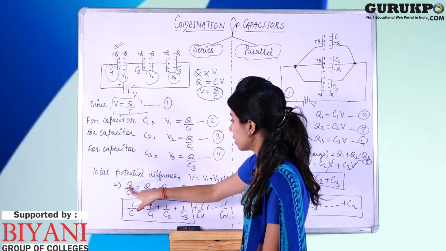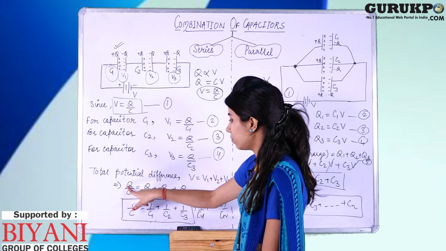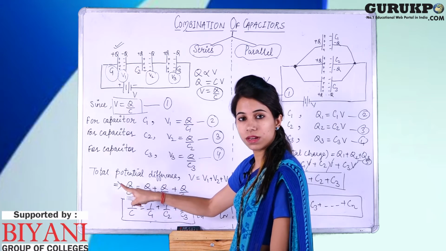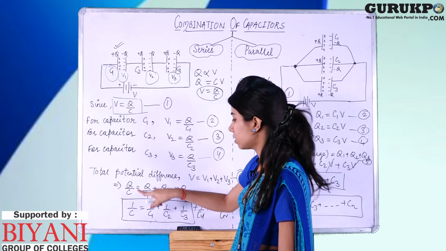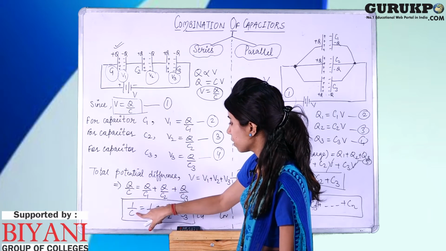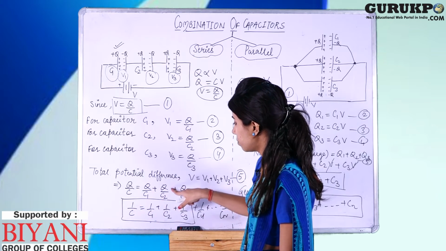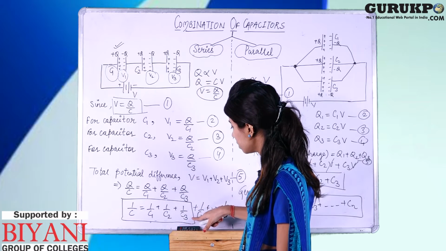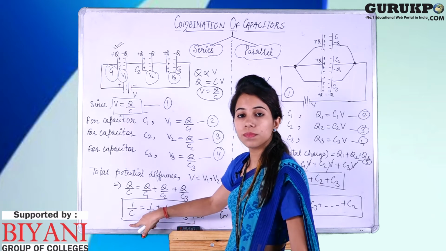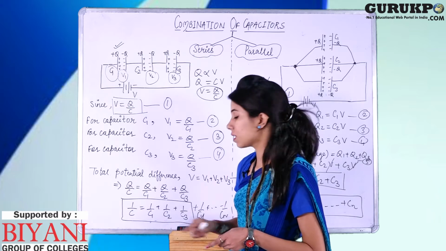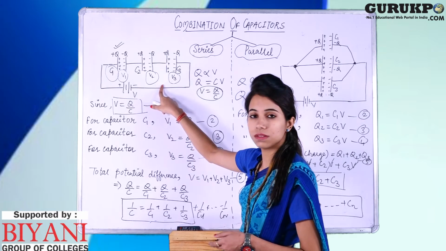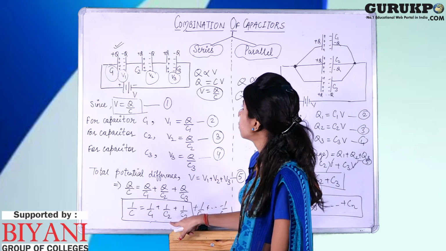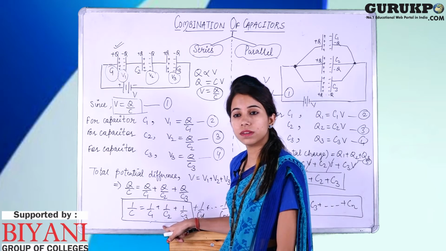So we can take Q common, and Q will cancel out on both sides. Then 1 over C is equal to 1 by C1 plus 1 by C2 plus 1 by C3. This is the formula when 3 capacitors are connected in series. So this is the general formula for the capacitance when connected in series.